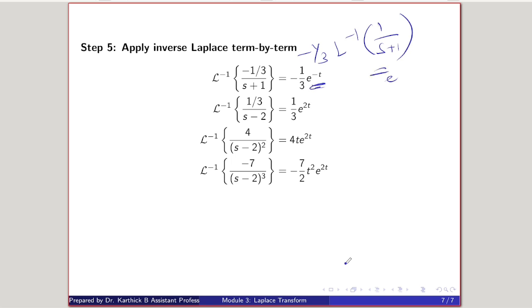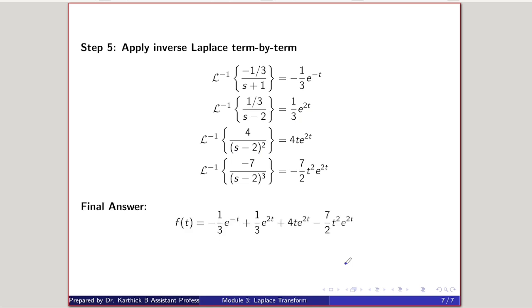Likewise, 1 by s minus 2 will be e power 2t, 1 by (s minus 2) whole square will be t e power 2t, and 1 by (s minus 2) whole cube will be t square e power 2t divided by 2. Finally, adding up all these values, I get the final solution. This will be the inverse Laplace of the given function. Just remember that the inverse Laplace of F of s returns a function of t.